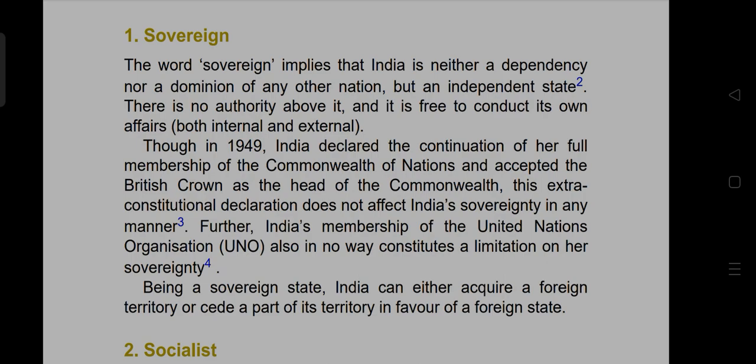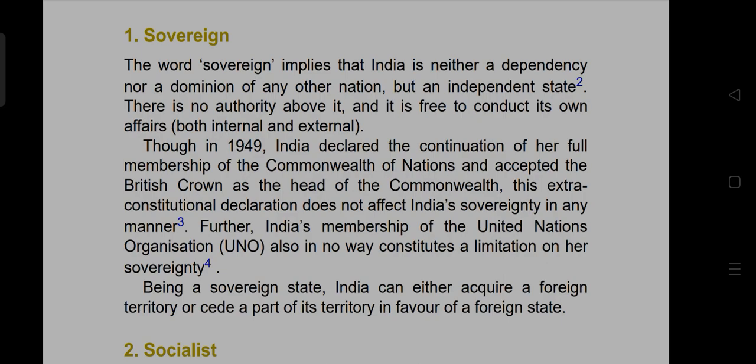Though in 1949 India declared the continuation of her full membership of the Commonwealth of Nations and accepted the British Crown as the head of the Commonwealth, this extra-constitutional declaration does not affect India's sovereignty in any manner.